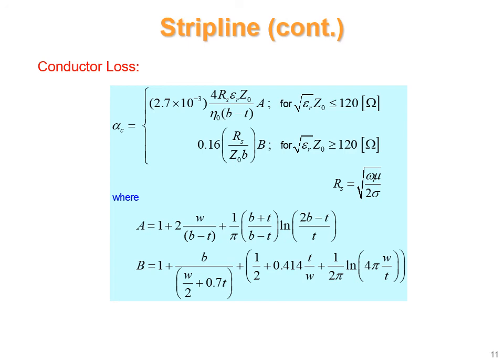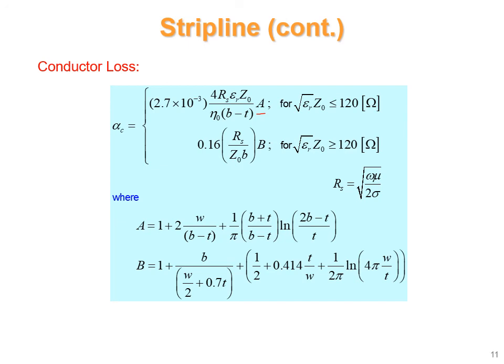If it is less than or equal to 120, you have to follow this formula: 2.7 into 10 raised to minus 3, 4 Rs epsilon r Z0 upon eta naught (b minus t) into A, where A and B are constants that we calculate using different formulas, and t is the thickness, which is nearly equal to 0. Similarly, when square root of epsilon r into Z0 is greater than or equal to 120, the conductor loss alpha c is equal to 0.16 into Rs upon Z0 b into B.